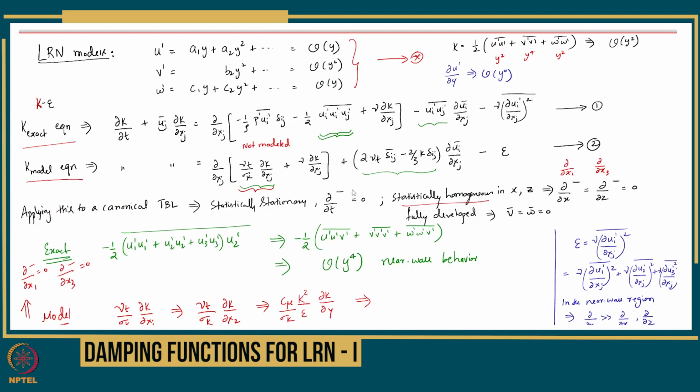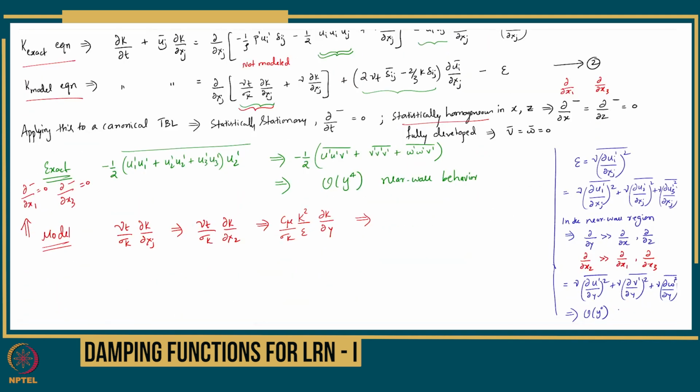But dou v prime by dou y, since v prime is y square, will give me y behavior, but to first order it is only y0. So this becomes the higher order term here.